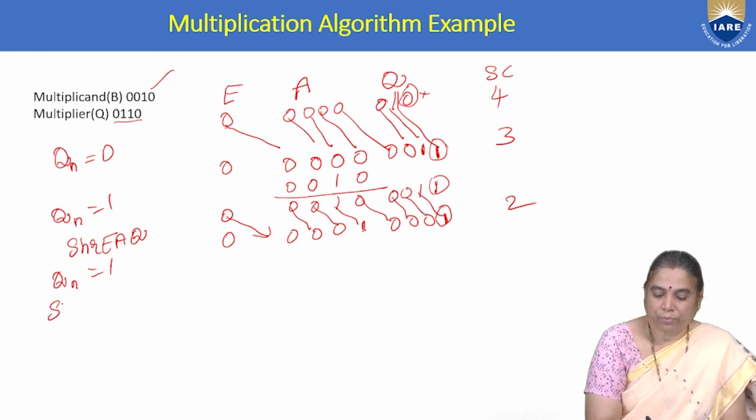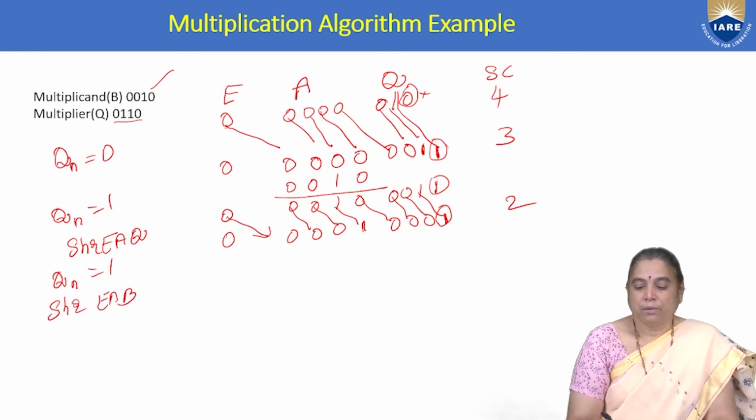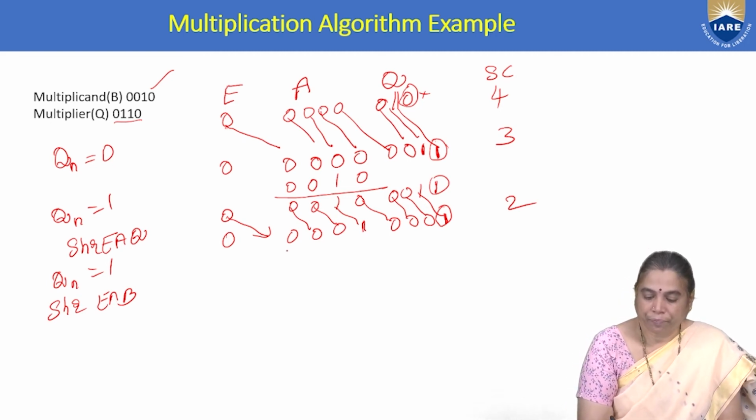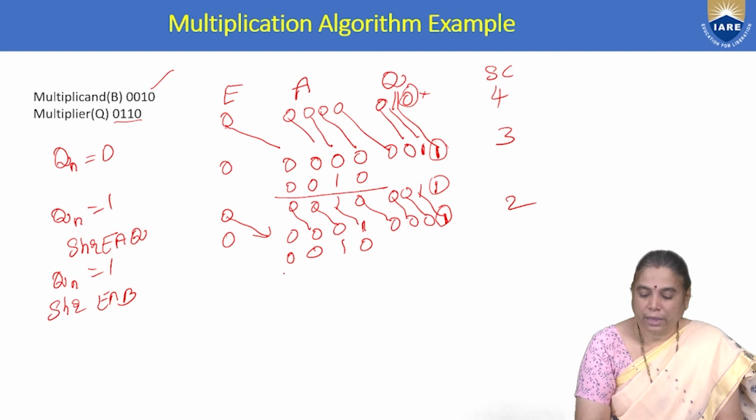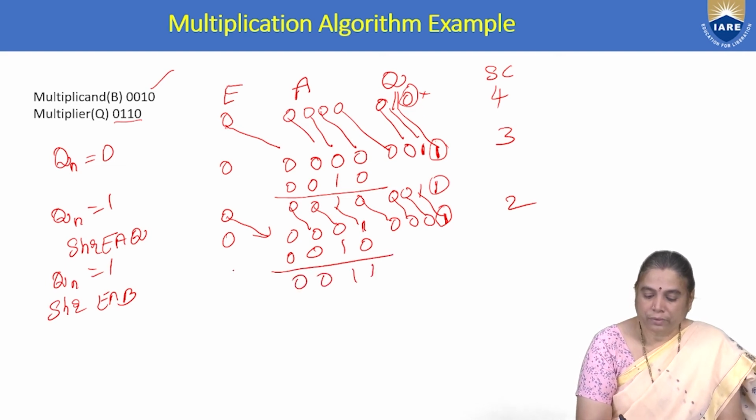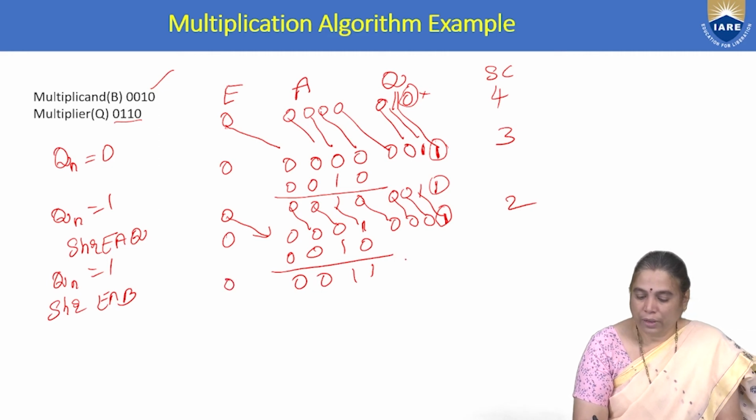So we have to perform the shift right EAQ after adding the B value to the A. So the B value is 0, 0, 1, 0. This value can be added to the A. So 1, 1, 0, 0. This is the E value and Q value is 0, 0, 0, 1.